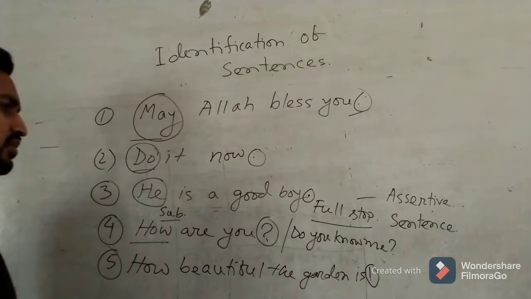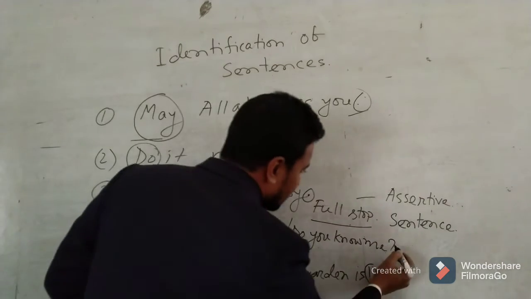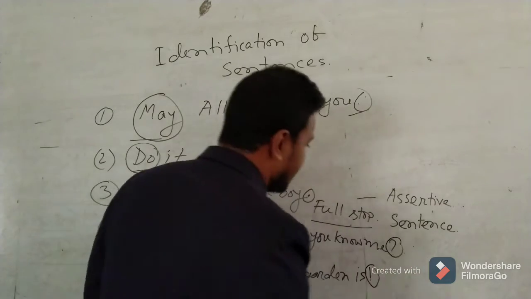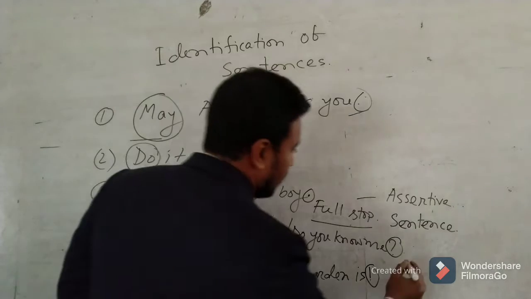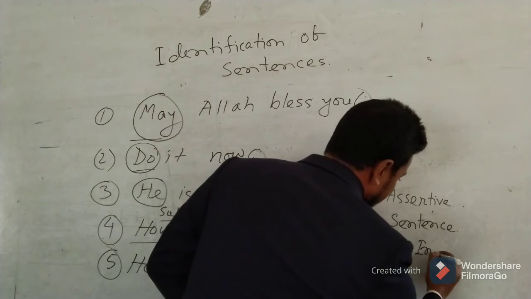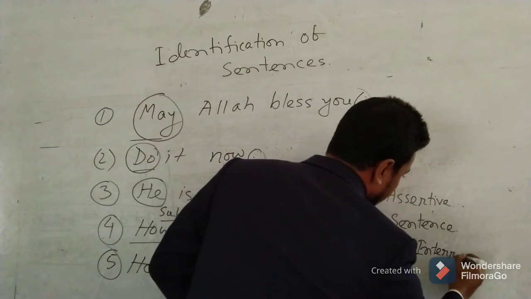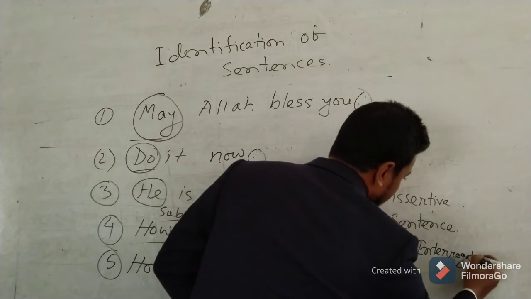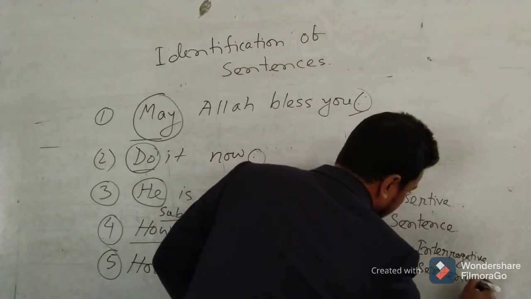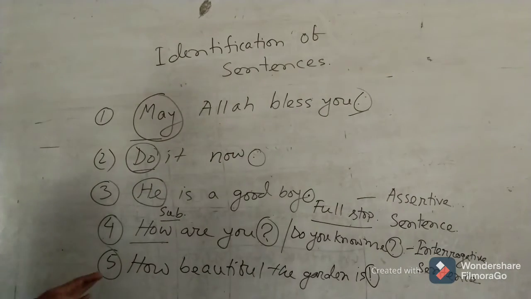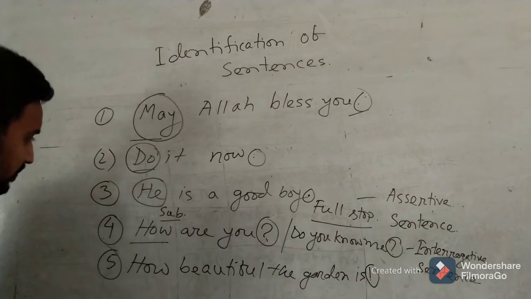And we can also easily say that if we get any question mark in the sentence, then it's an example of interrogative sentence. Look, there is a question mark.